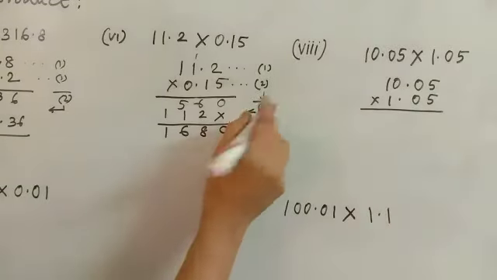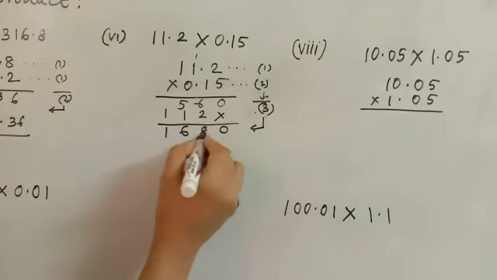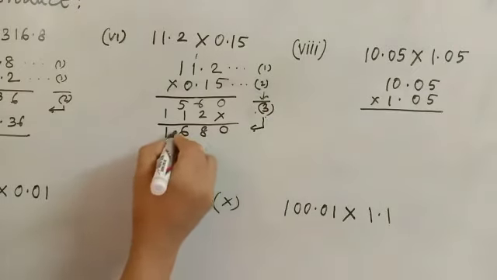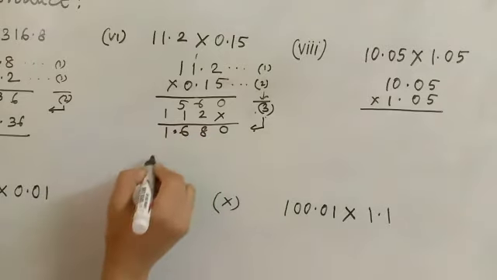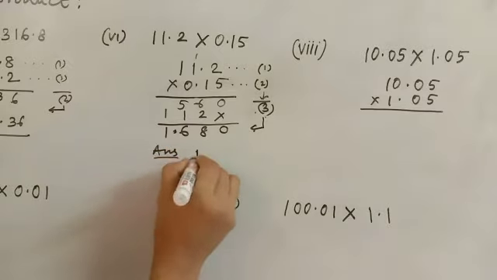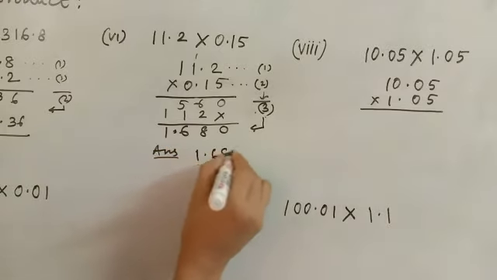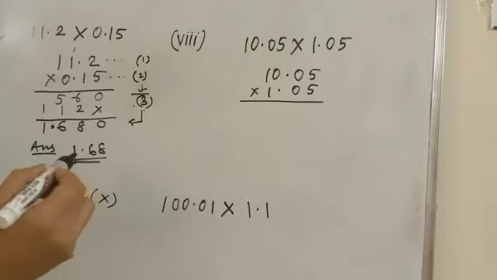You have to put the decimal up to 3 places. So 1, 2 and 3. So it will be here only after 3 places. So the decimal point is here. So the answer will be 1.68. Understood? Come to the next question.